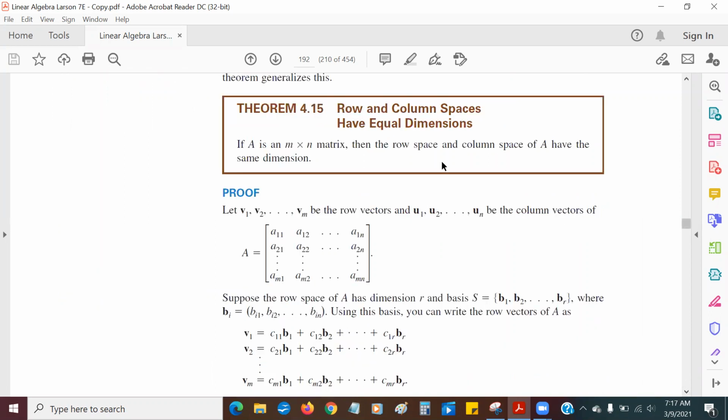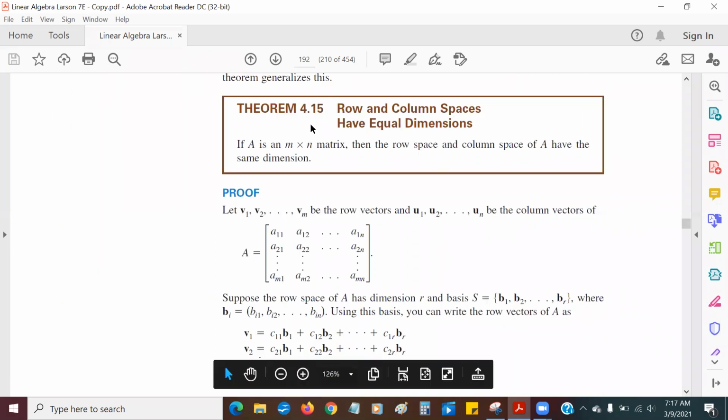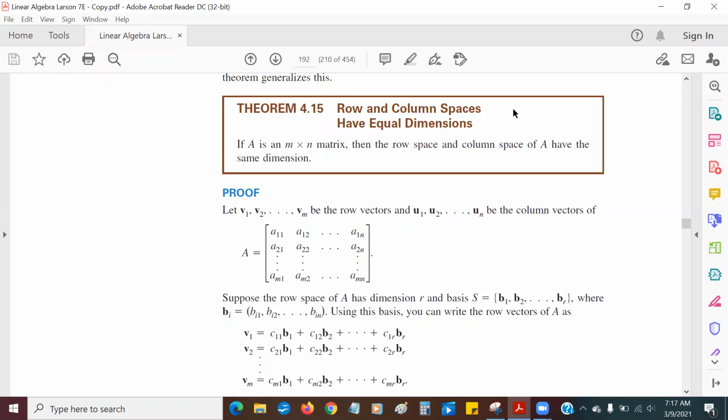And this is extraordinarily important: theorem 4.15, that the row space and the column space have equal dimensions. So if matrix A is an M by N matrix, it does not have to be a square matrix. It could be any matrix.